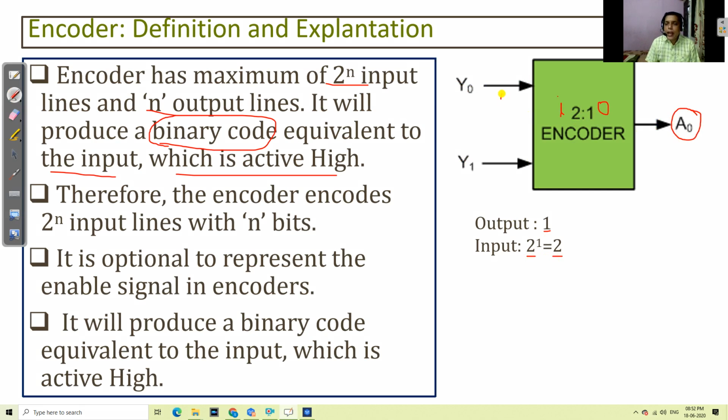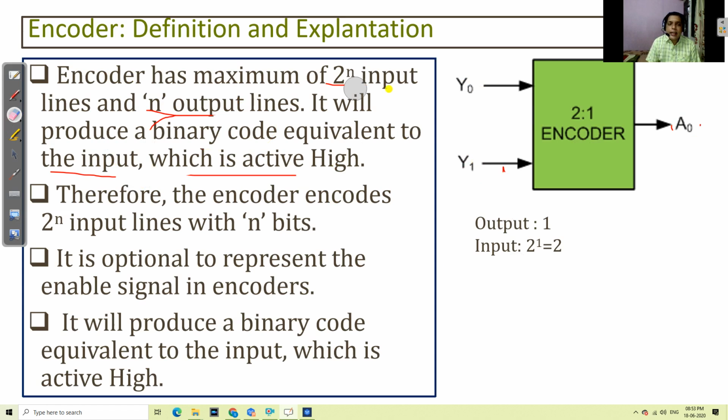When y0 is equal to 1, the output will be 0. When y0 is 0 and y1 is equal to 1, the output will be 1. If y0 is present, it will produce 0. If y1 is present, it will produce 1. So this is the 2 to 1 encoder.